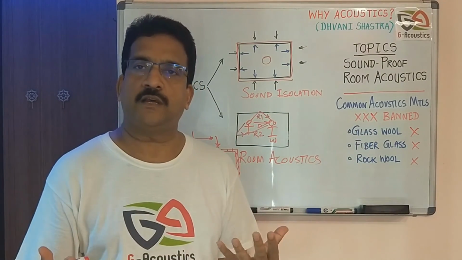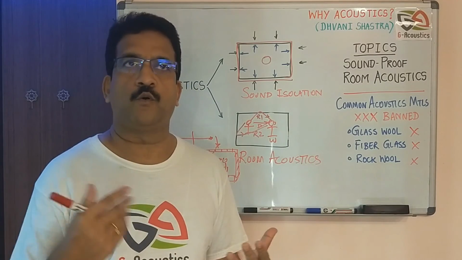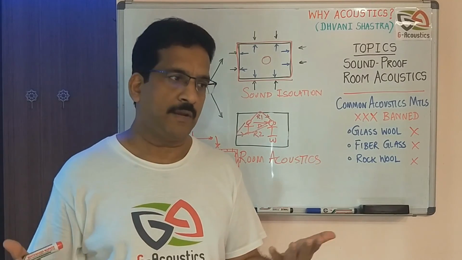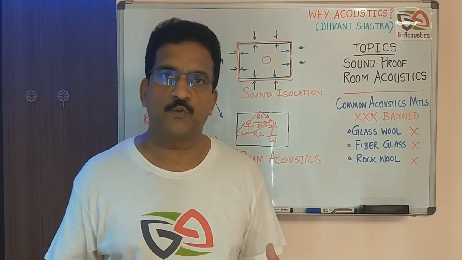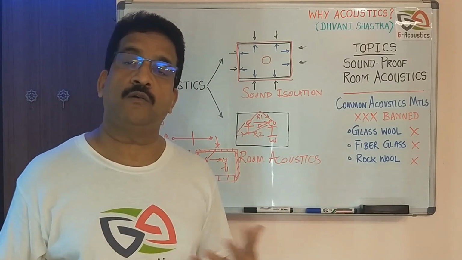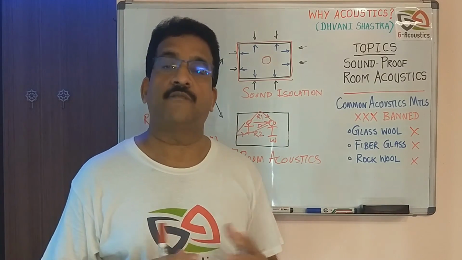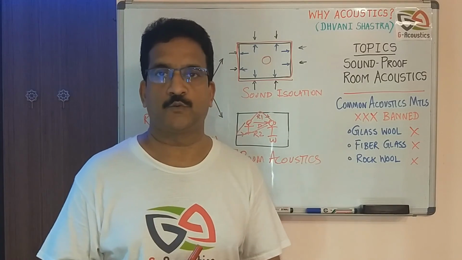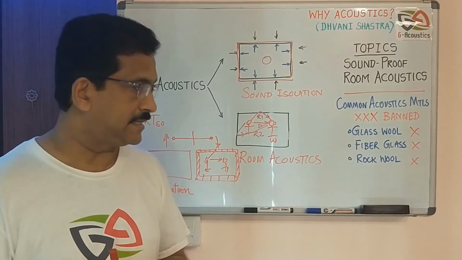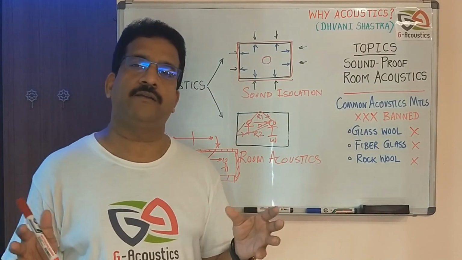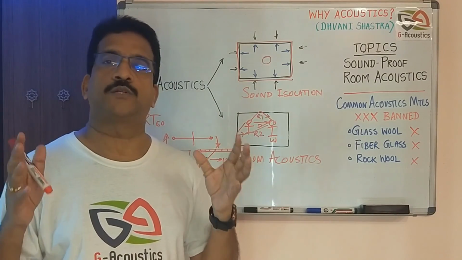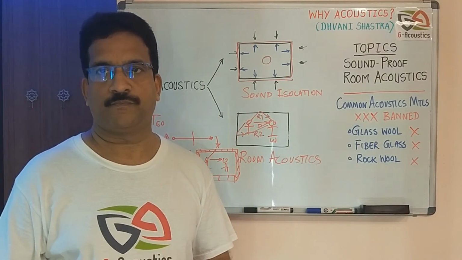The surface area that will be covered for the four walls as well as the ceiling would be between 40% to 60%, depending on the type of reverberation time required inside the studio. Hope this gives you a better idea of what the acoustic requirement is all about.